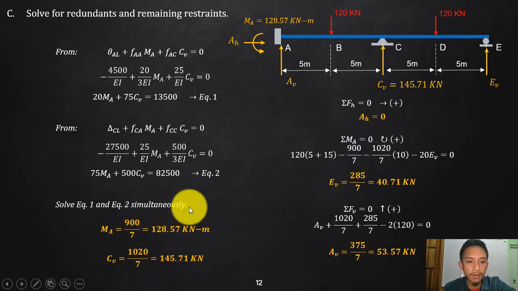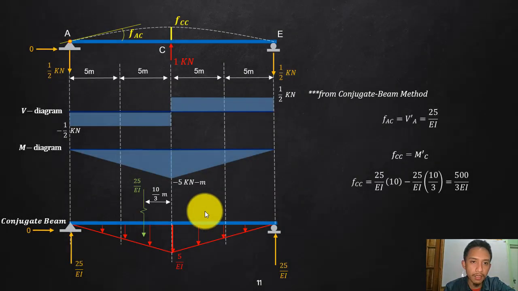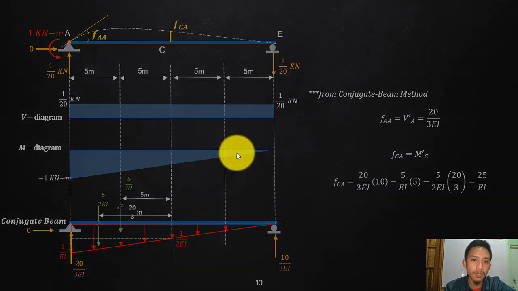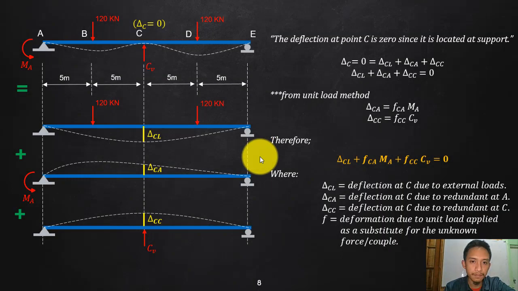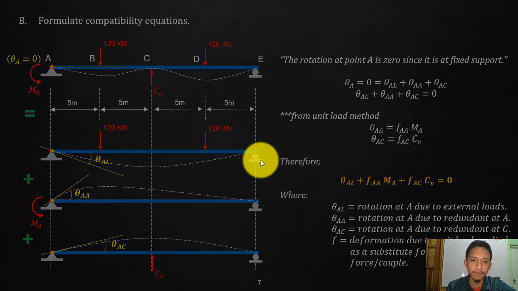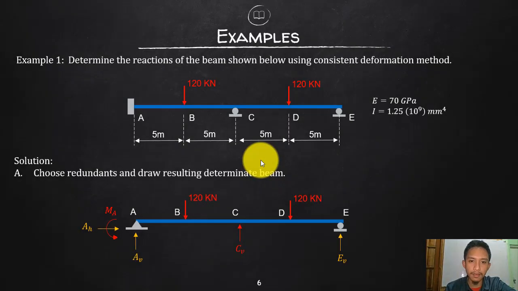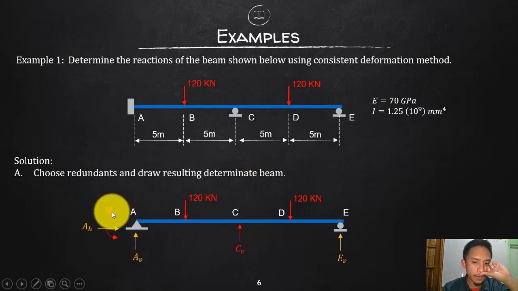And then, okay, now I already know these redundants, isn't it? These are your redundants. Go back to the original beam. MA and CV are my redundants, and I already solved that from your compatibility equations.